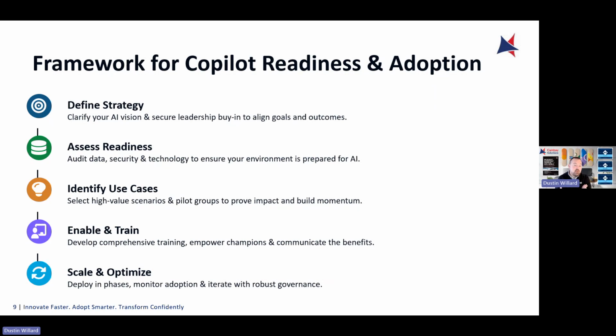Then we enable and train. When I say enable and train, I mean develop a comprehensive training plan, power champions, and communicate the benefits. But this is a journey, not a one-time thing. AI is changing so rapidly. If you can imagine when ChatGPT first came out versus now, with the new GPTs, it's insane how different it is.